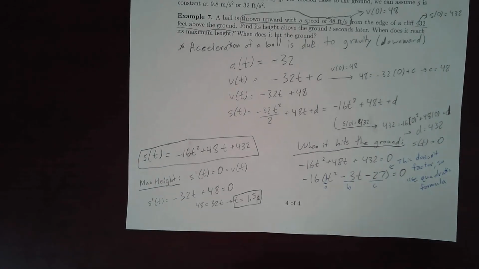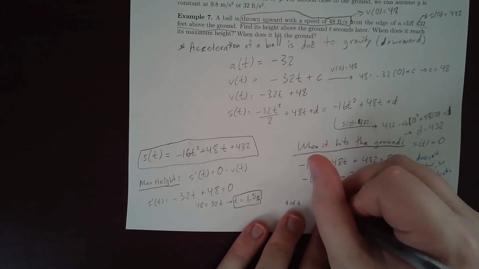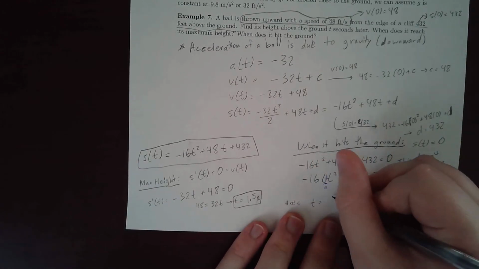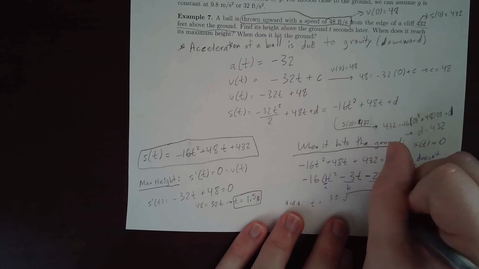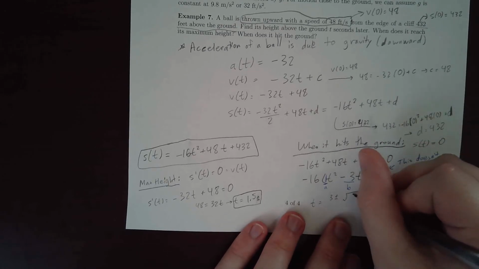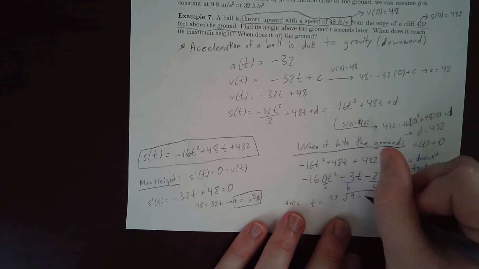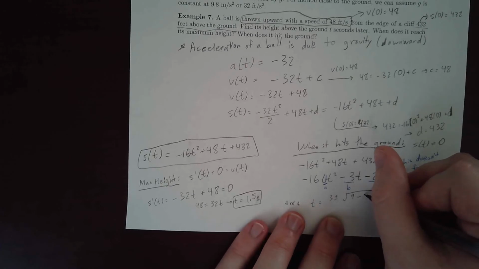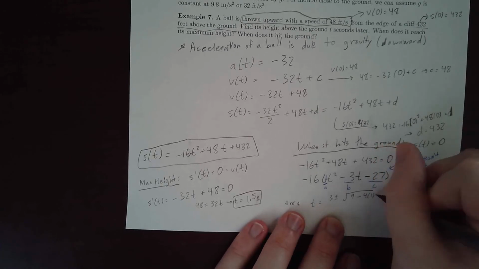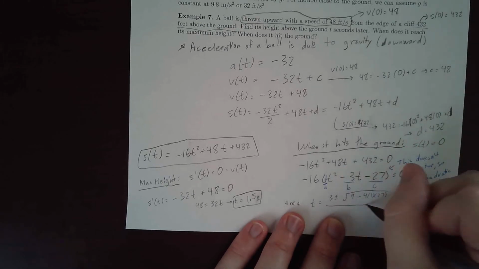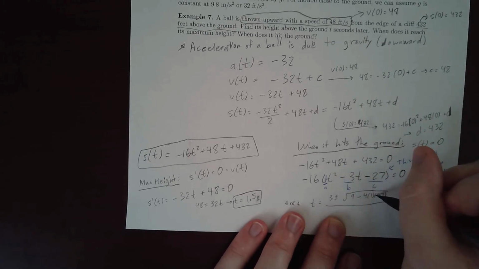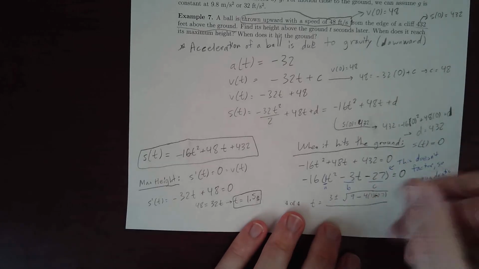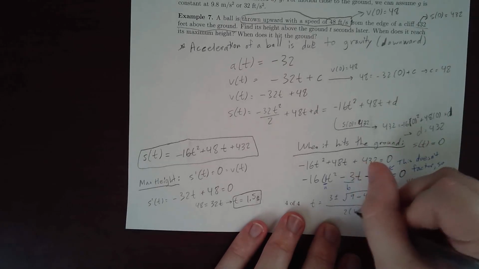So when we're setting up this formula, we've got that t equals opposite b plus or minus the square root of b squared minus 4 times a times c, so minus 4 times 1 times, sorry, negative 27, all over 2 times 1.